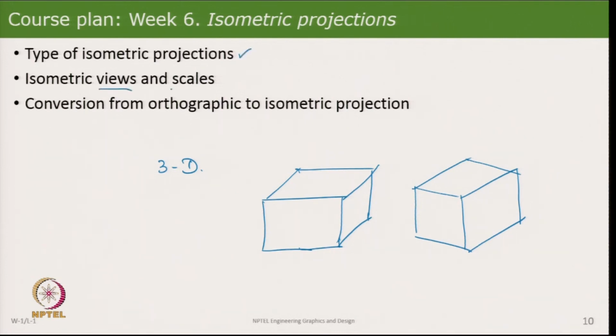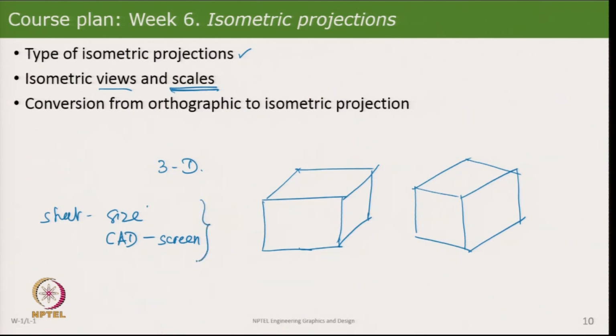What are the views, scales that are used? That means, by scales what we mean is, in our drawing world, our sheet has a certain limitation. The sheet size is limited. Same thing when you make a CAD package or you view it on your screen. There is a size limitation.